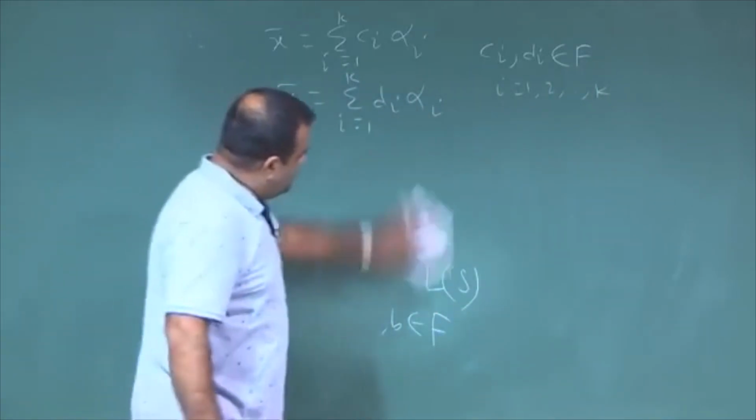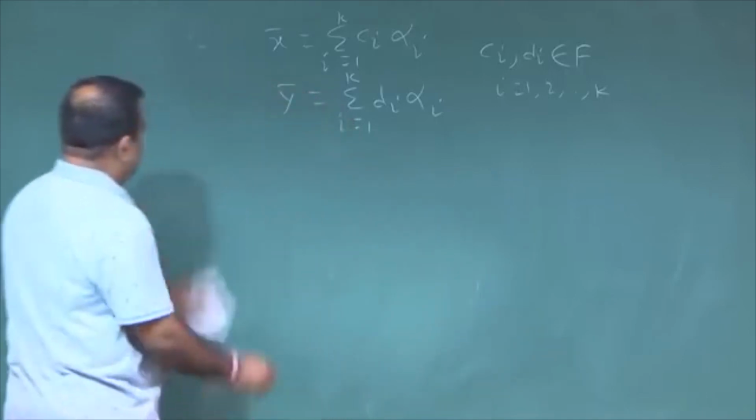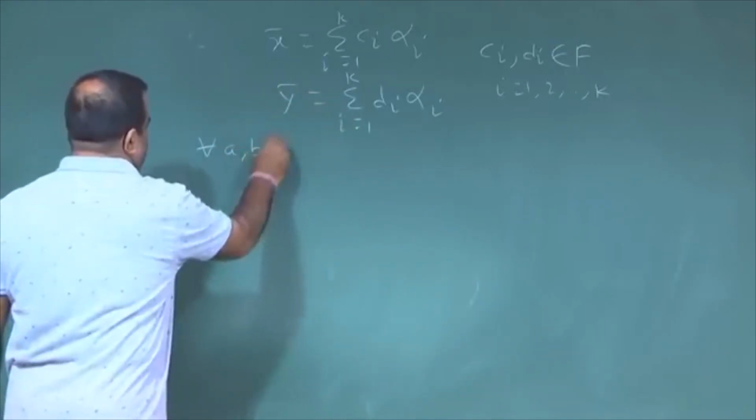Okay, now, we take two arbitrary scalars A, B, for all A, B belonging to F.